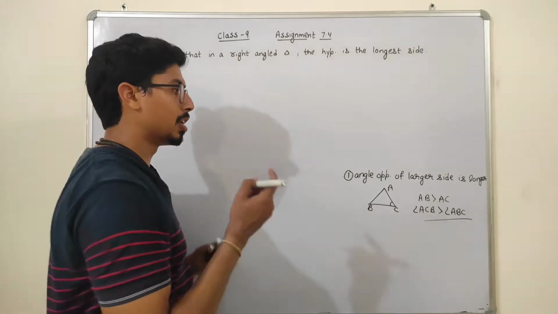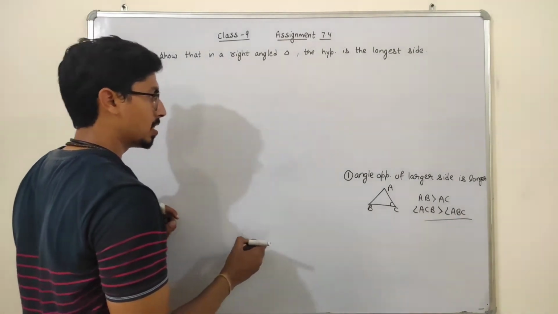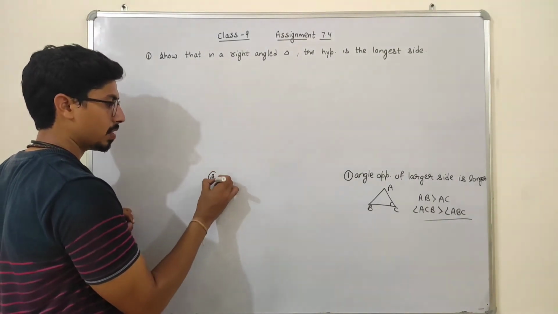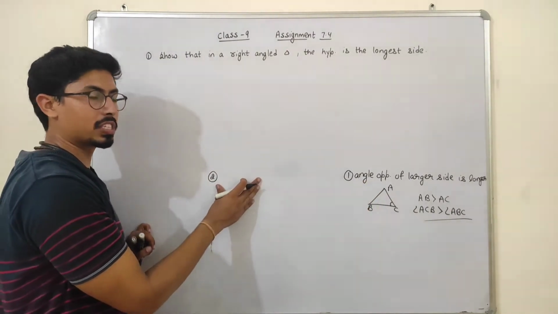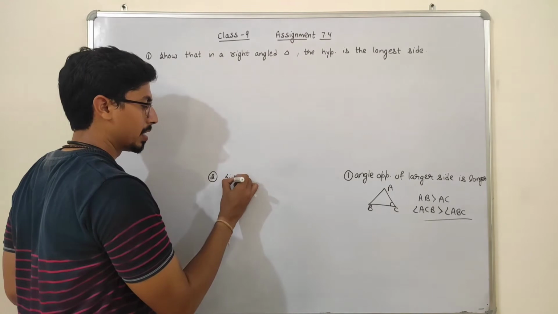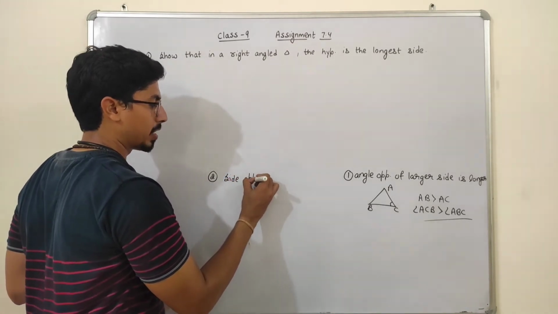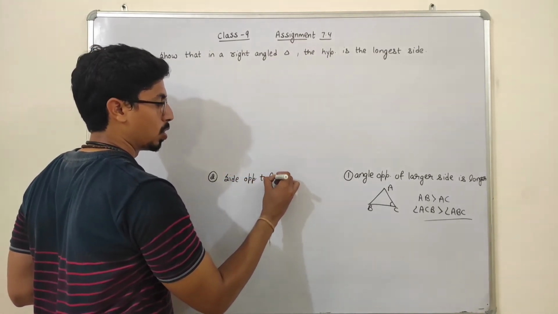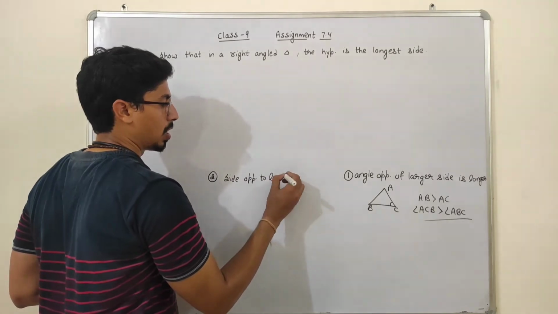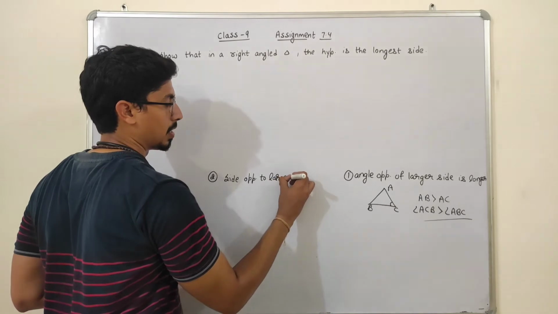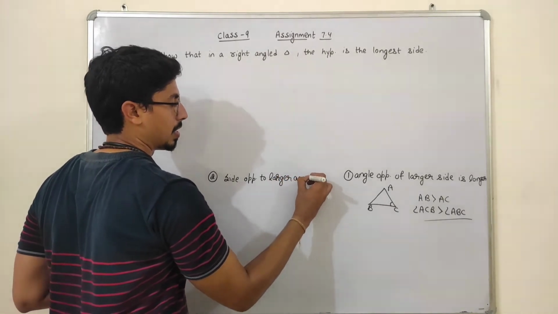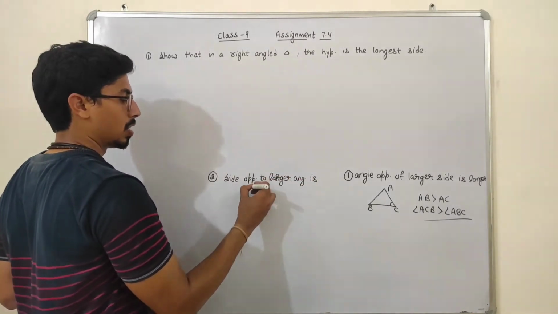Similarly, students, I can say the second property. This was for the angle, and similarly I can say this for the side: the side opposite to the larger angle is longer.